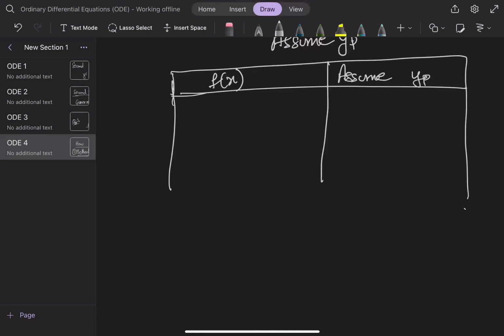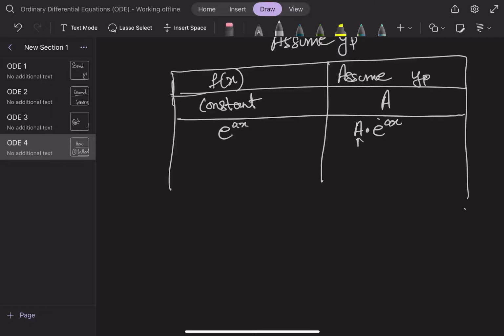If your f(x) is a constant, then you assume your yp also as a constant. If your f(x) is e raised to the power ax, then you assume yp as a constant multiplied by e raised to the power ax. Keep in mind this a and this a are different, but this a is the same as this one.